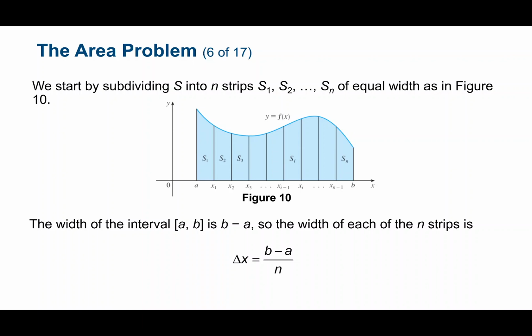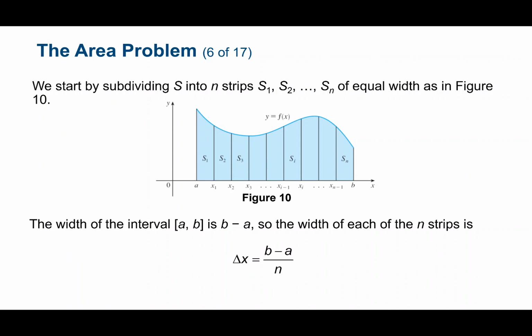We're going to have rectangles that are B minus A divided by n wide. To shorten that, we're going to call that delta x. So delta x is how wide each rectangle is for a given n.